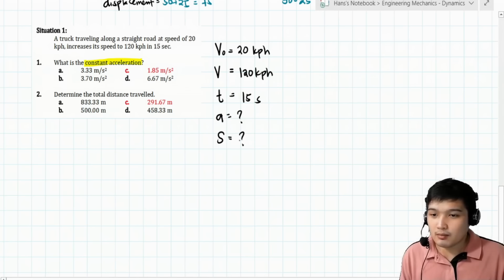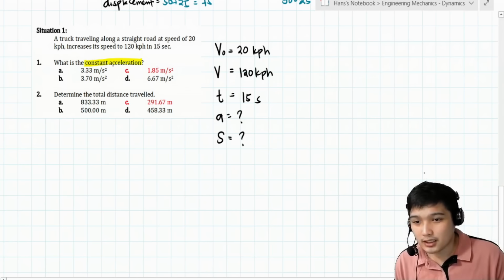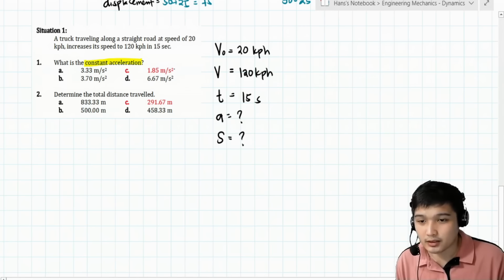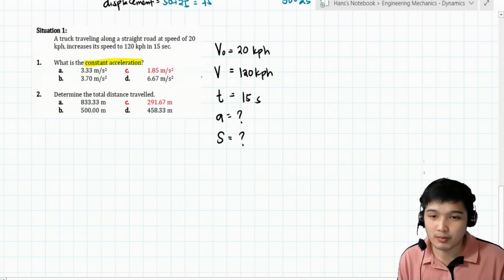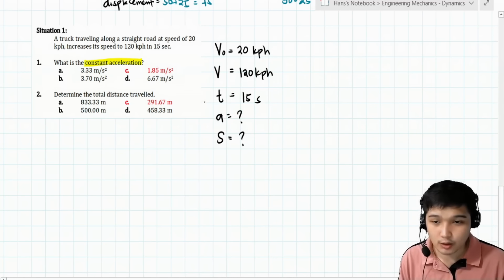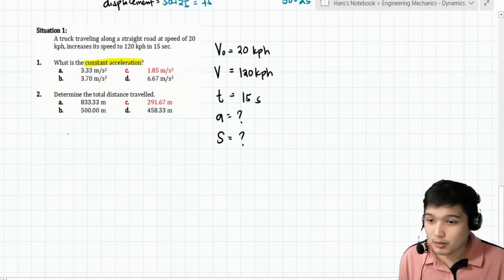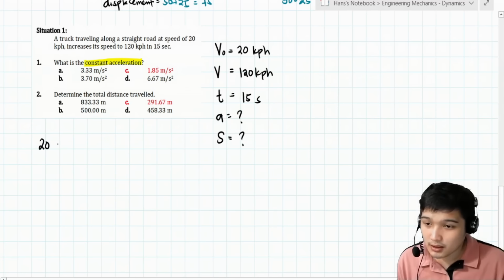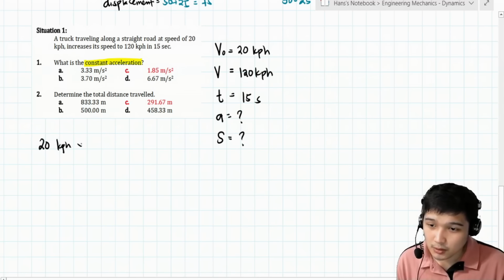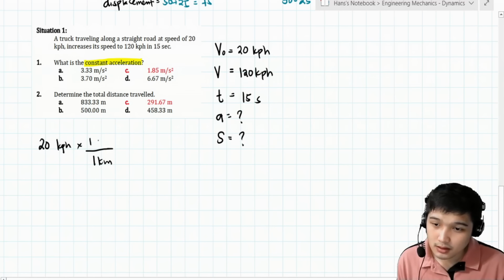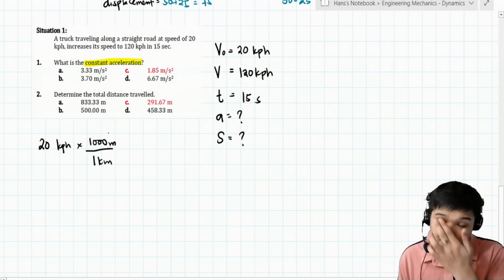So, ang mga given, class, dun sa mga choices natin is actually in meters per second squared, no? So, therefore, we must convert first yung velocity natin in terms of meters per second. So, how do we do that? So, we will just multiply that one by what? So, this one is kph, no? So, multiply this by 1 kilometer, so that is 1,000 meters.